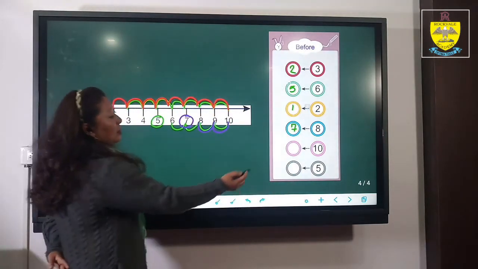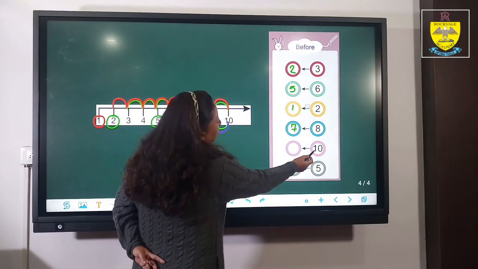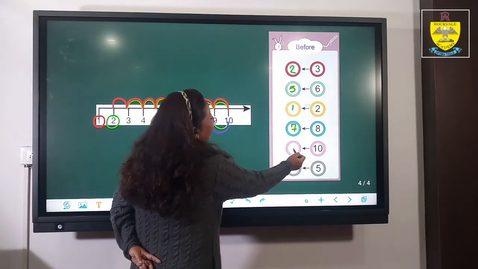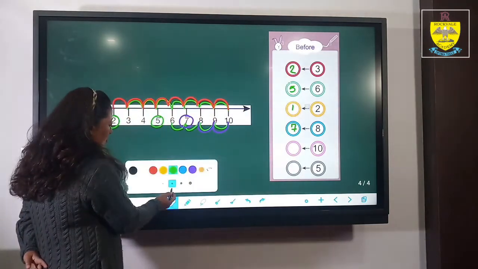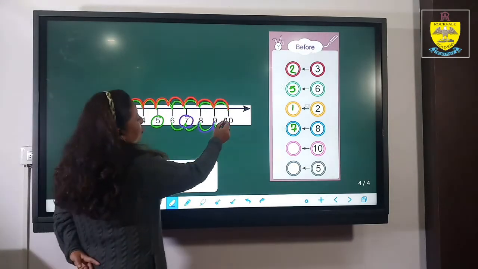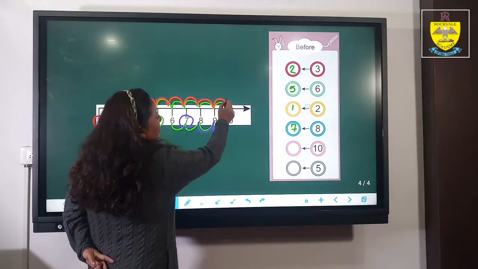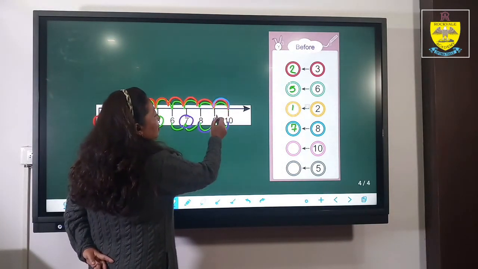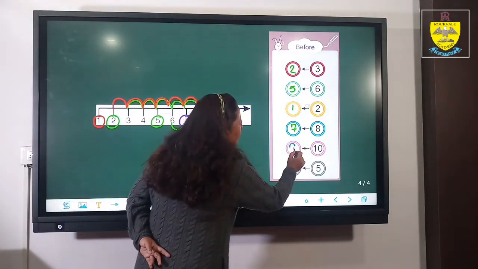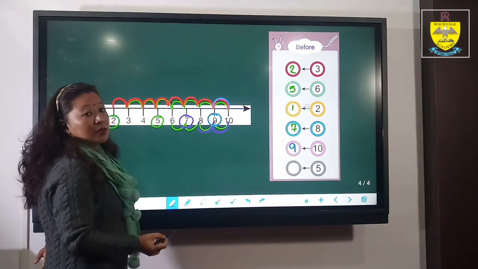Okay? Let's look at the next question. What comes before 10? So let's start counting backwards again. So it's 10, then 9. So the answer here is 9. You'll write 9 here.